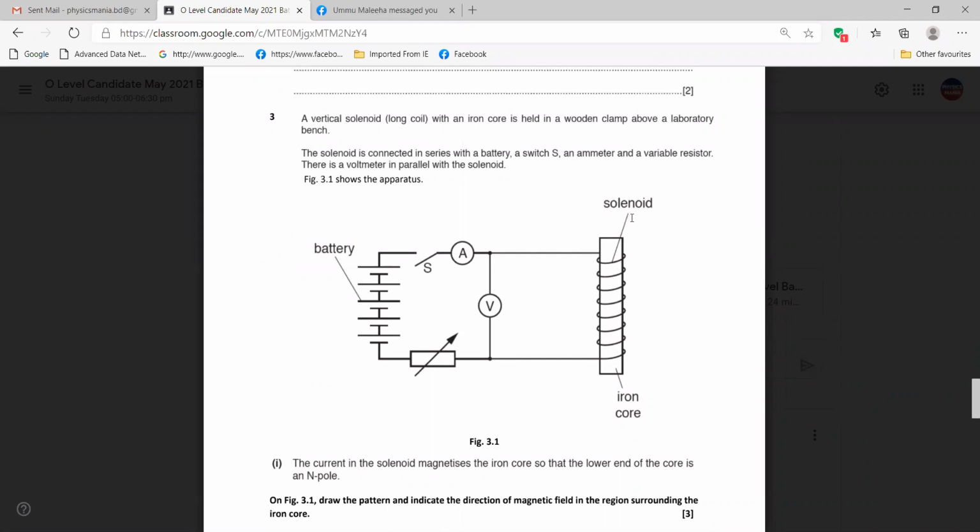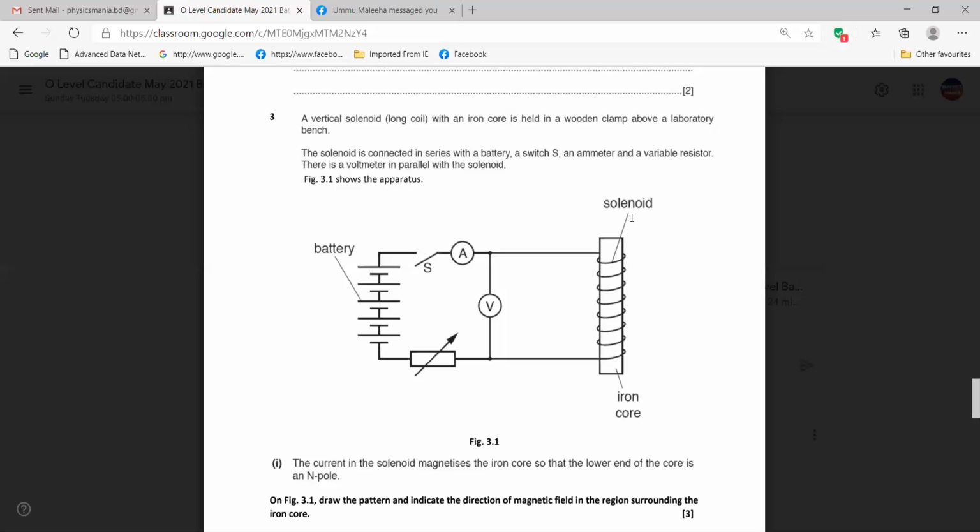Then next, three. Yes. Next. Yes, sir. Continue this one.